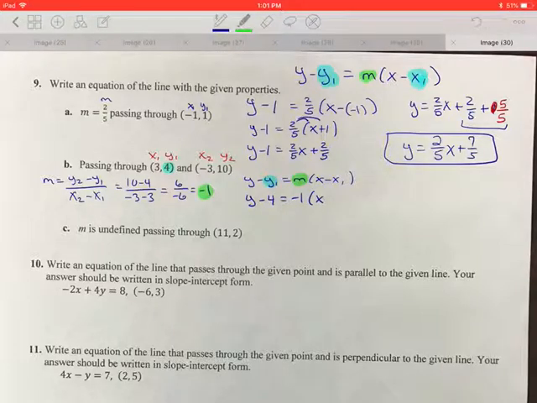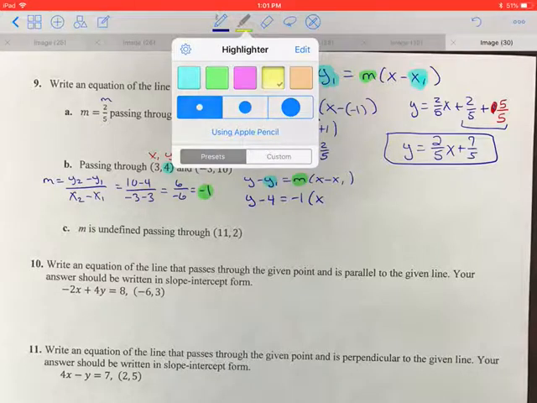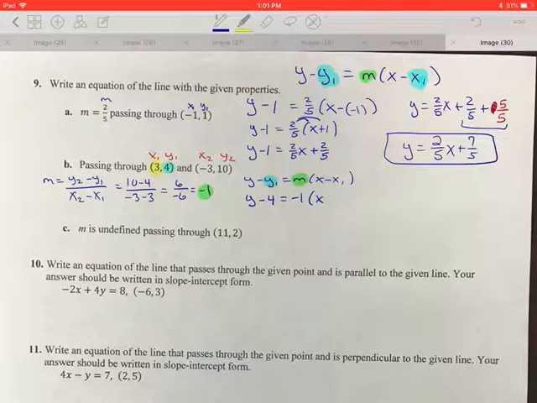And then, let's find another color. My x1 is right there, so it's going to replace right here. So x minus 3. All right, so if I distribute the negative, I get y minus 4 equals -x plus 3. I add 4 to both sides. No fractions this time, that's kind of nice. And I get y equals -x plus 7.